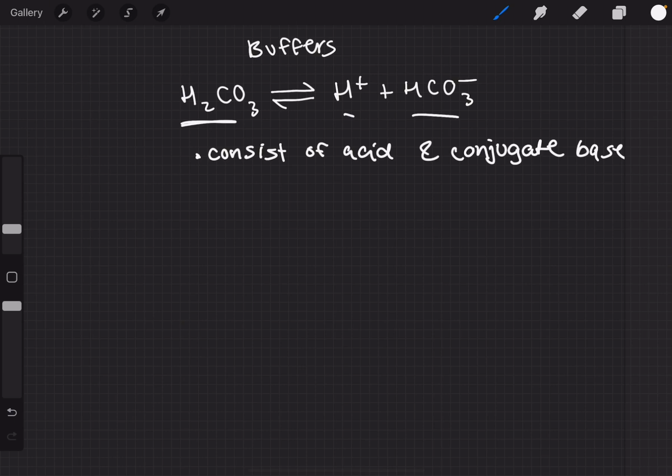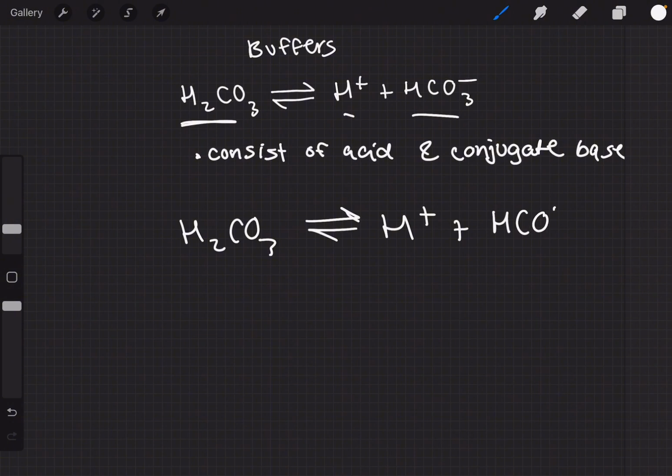So if we have a buffer system, for example this carbonic acid example, and we increase the amount of hydrogen ions in that solution, this side of the reaction is having a stress placed on it. To relieve that pressure, we're going to be forming more carbonic acid. And by doing this, the buffer helps lower the pH.